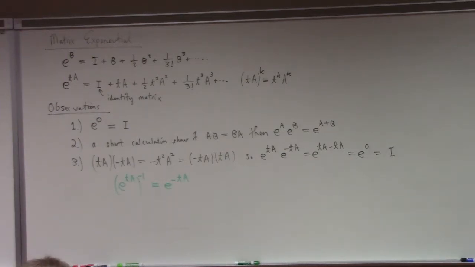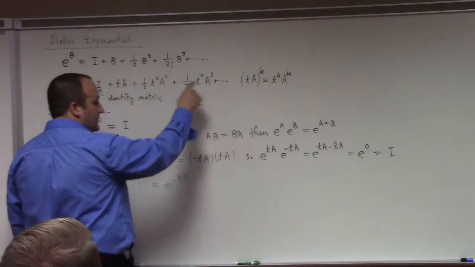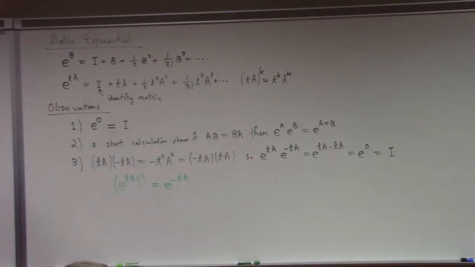For which matrices A is this true? Any. I haven't proved it for you, but it can be shown that this series converges for any matrix. The factorials are very forgiving. They make things get small.